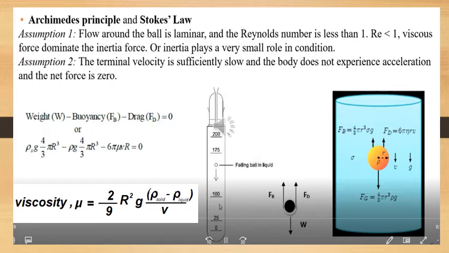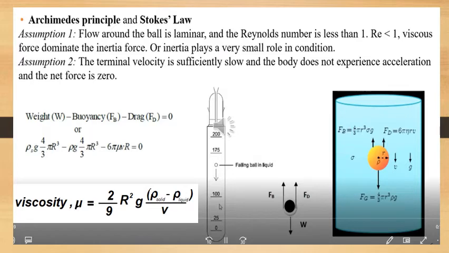So let's say if we drop a ball into a hydrometer filled with fluid, while the ball is moving in the fluid, at a certain point, we assume that the ball attains the maximum velocity, which is a terminal velocity that is sufficiently slow and the body does not experience acceleration, and that the net force is 0.